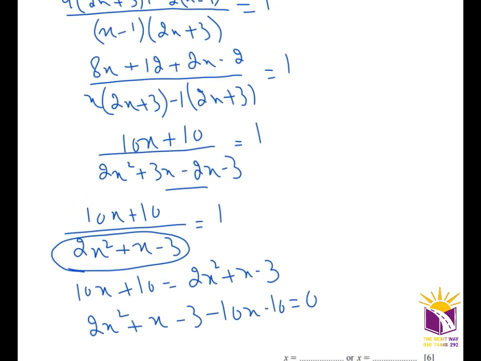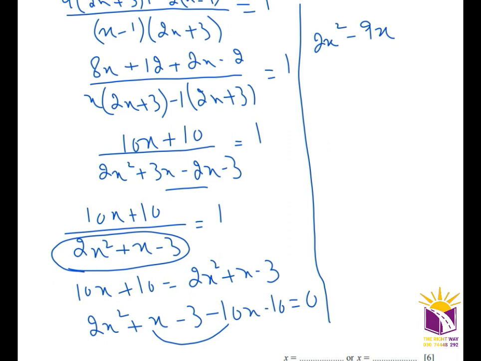And your equation will become 2x square plus x minus 10x will be minus 9x, minus 3 minus 10 will be equal to minus 13, equal to 0. Now solving the quadratic equation, 2 times 13 will be equal to 26.